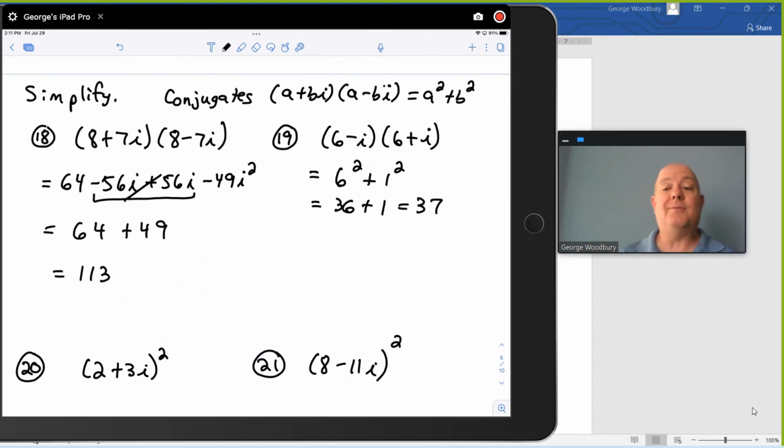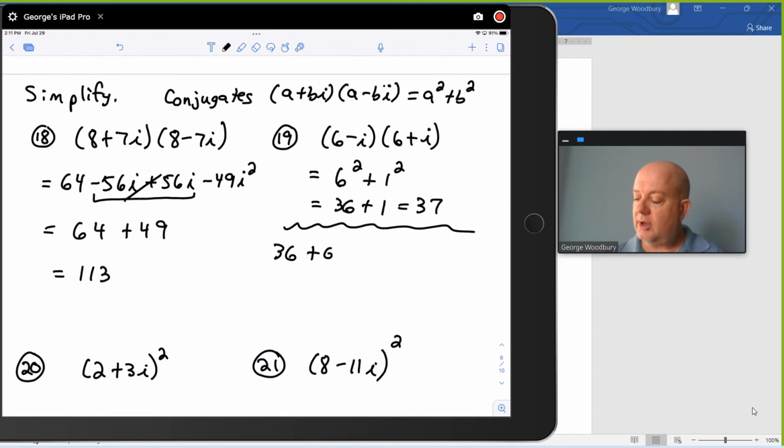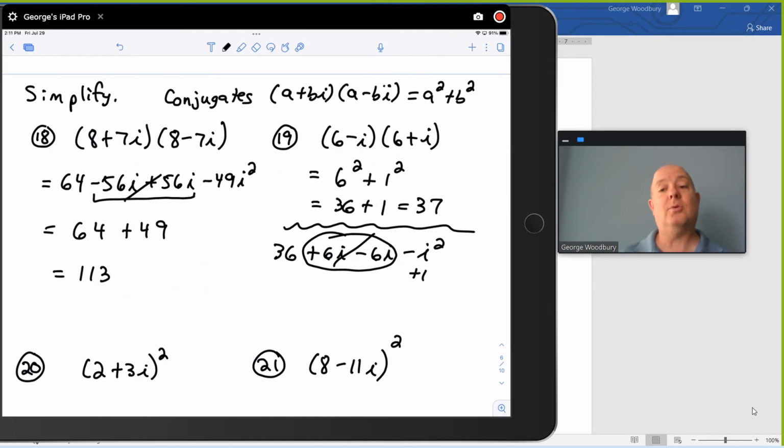By the way, if I did the FOIL style multiplication, I would have had 36 plus 6i minus 6i minus i squared. The two terms in the middle are opposites, and minus i squared is the same as plus 1. That's where the 37 comes from, 36 plus 1. Those conjugates will be important in a later video that we'll be doing for this section.